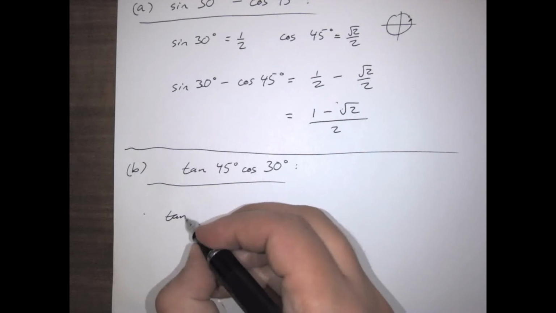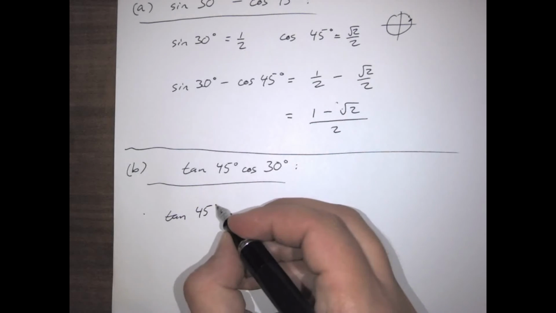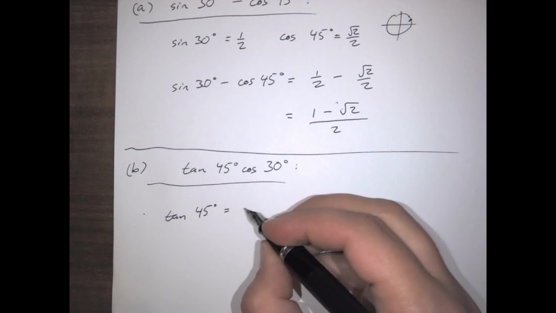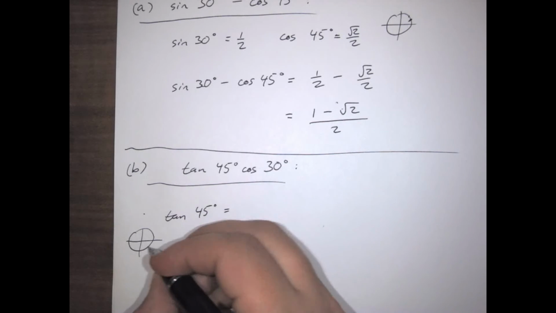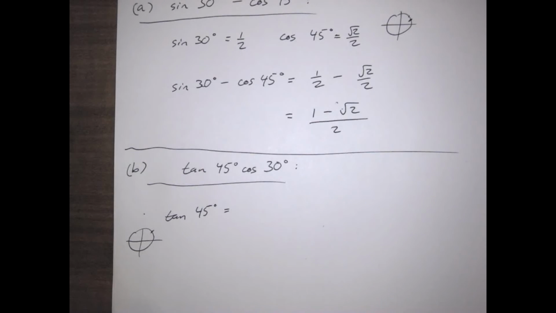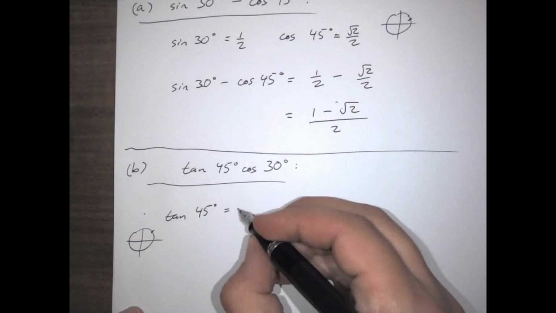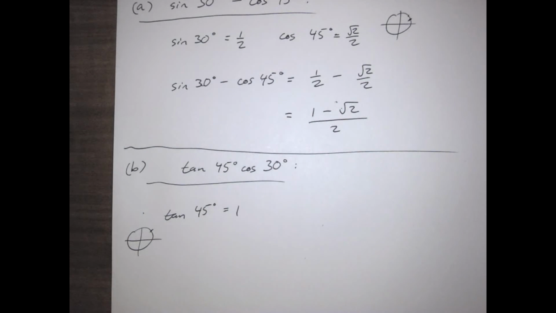So tangent 45 degrees. Well, the y over the x, I should say, but it doesn't matter because here they're the same. The tangent is always the slope of the ray, and that's equal to 1.